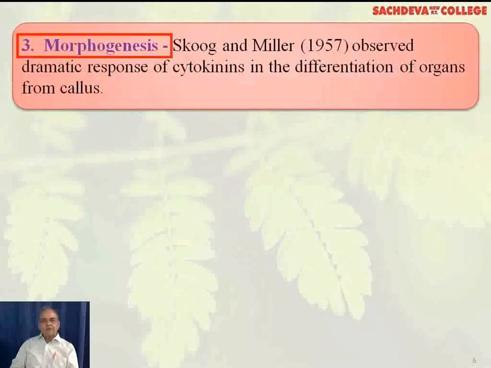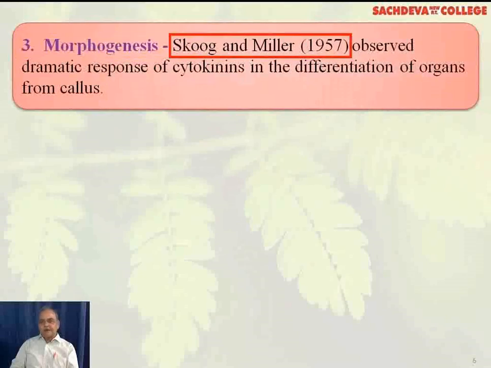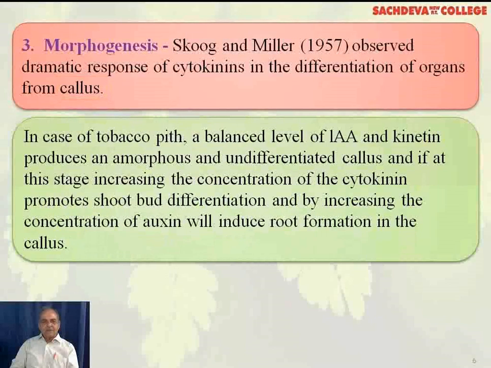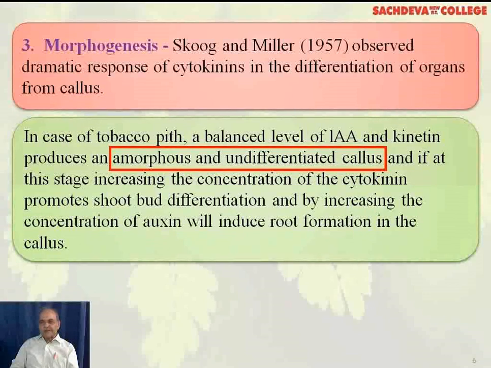Number 3, morphogenesis. Skoog and Miller, 1957, observed a dramatic response of the cytokinin in the differentiation of organs from callus. In case of tobacco pith, if we add a balanced quantity of IAA and kinetin, it results in the production of an amorphous and undifferentiated callus.